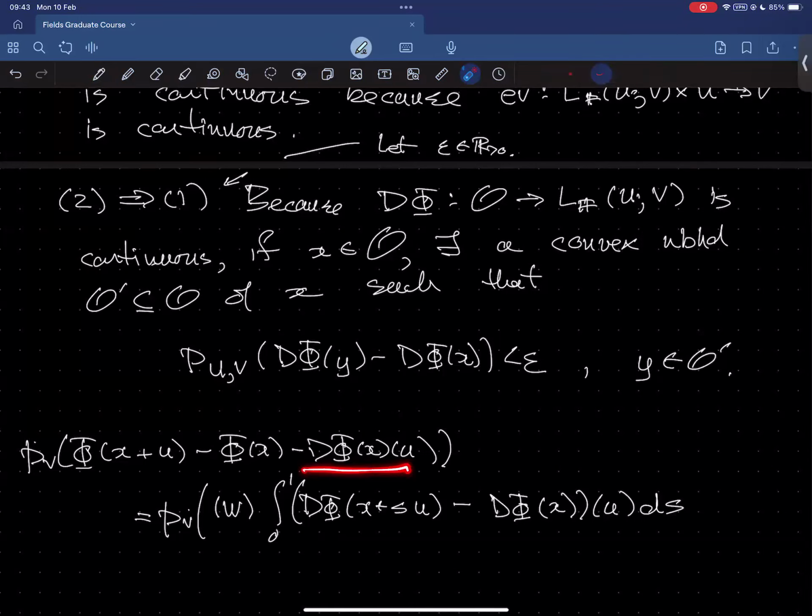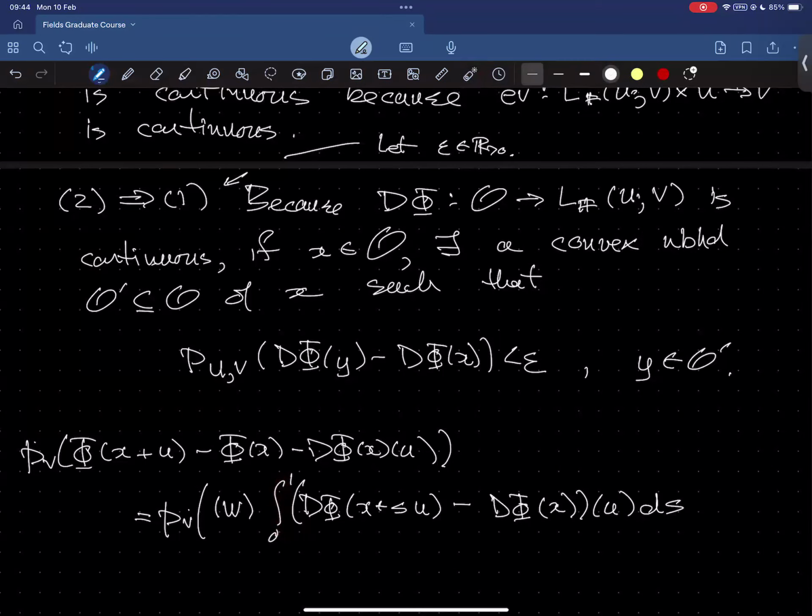This term here just corresponds to this term here, because this term is independent of s, so when I integrate it from 0 to 1 with respect to s, I get that. And then this term corresponds to these two terms by the mean value theorem. I'm just taking these and writing them as the integral from 0 to 1 of the derivative.